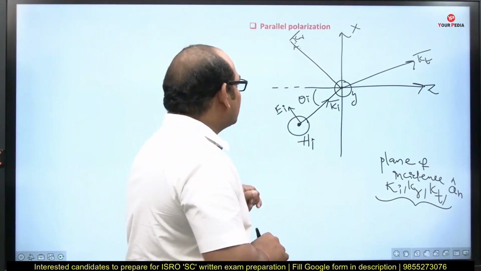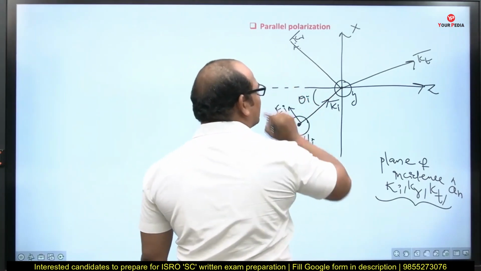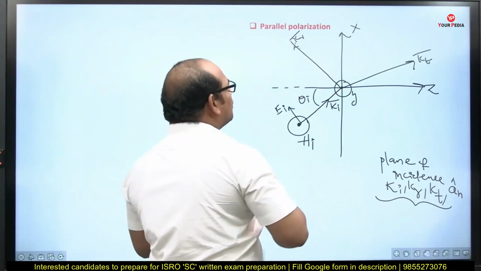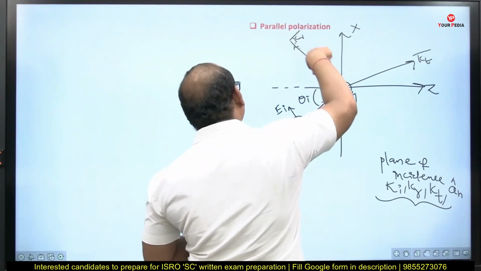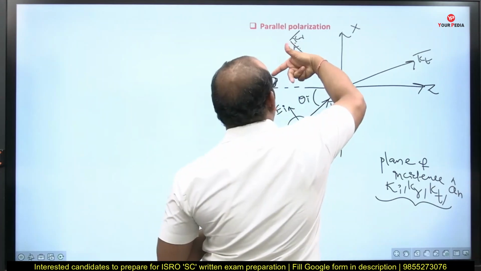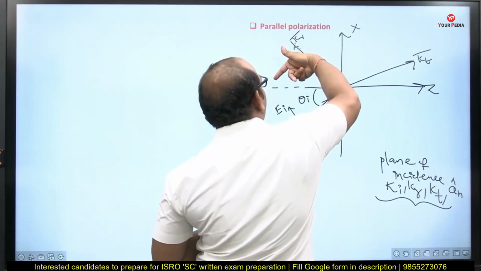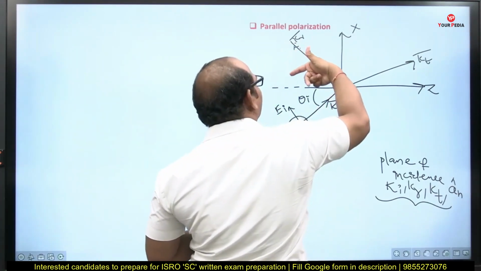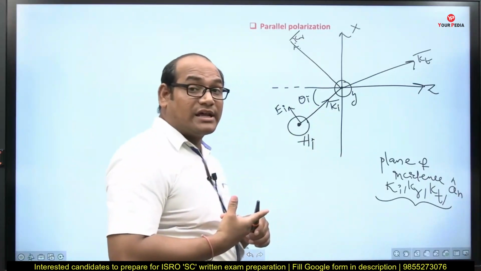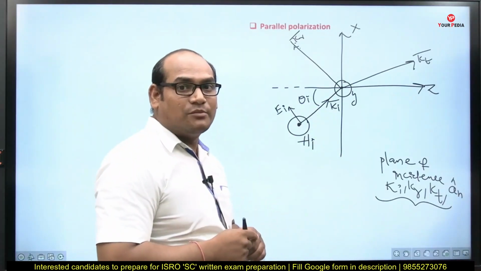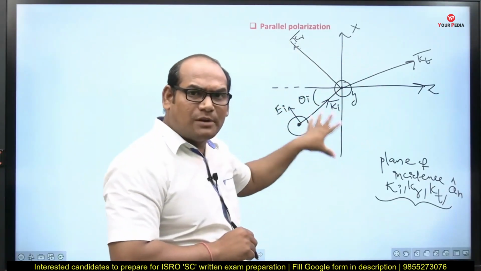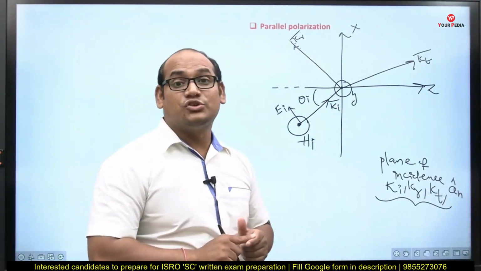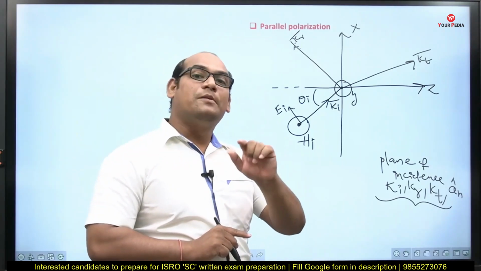Next, we will talk about the reflected wave. The wave is reflected in this particular direction, so our thumb should be representing this direction only. Then the electric field should be available in such a way that it is parallel to the plane of incidence.